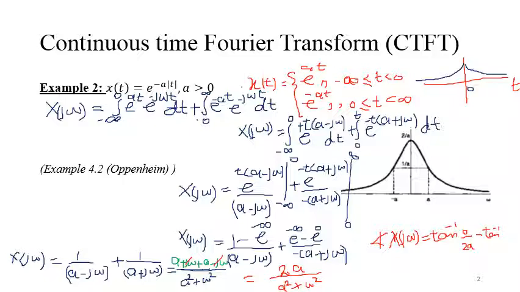Again the imaginary part is 0, so 0 over the real part, a square plus omega square. So this is 0, this is 0, so the phase response of this signal has 0 value.